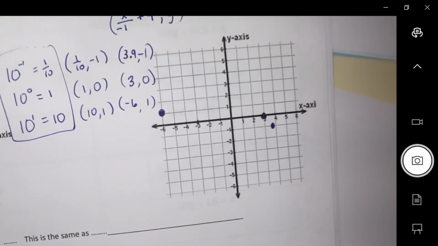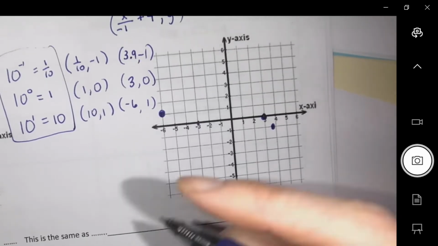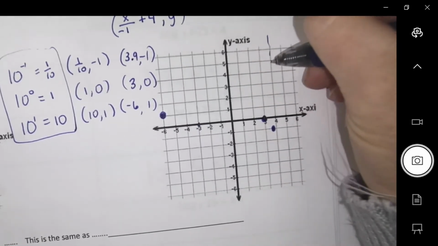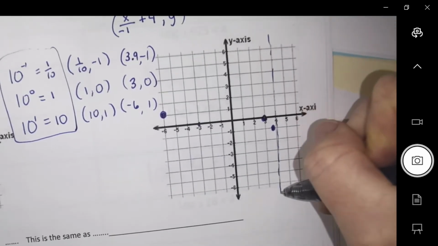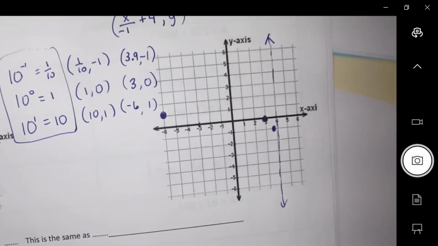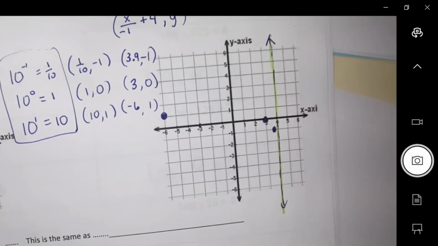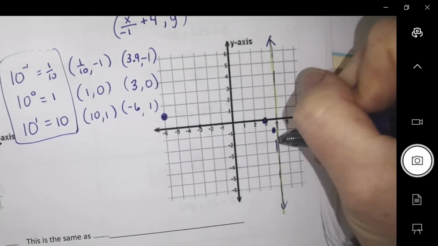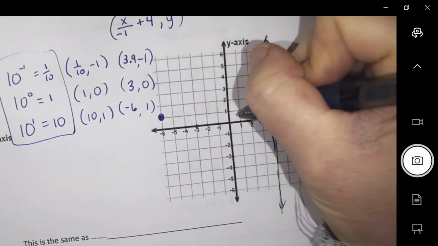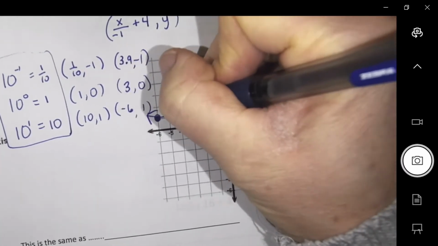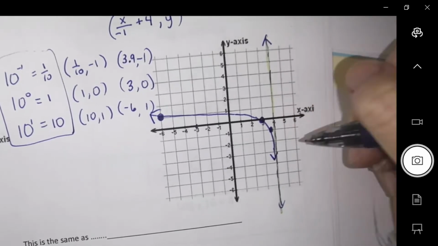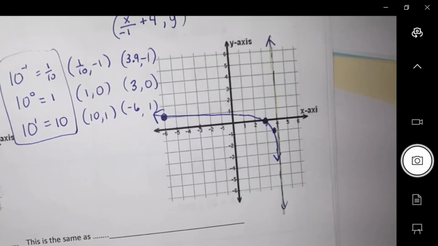The asymptote will have shifted to the right 4. So there should be an asymptote there. And there's the final graph.